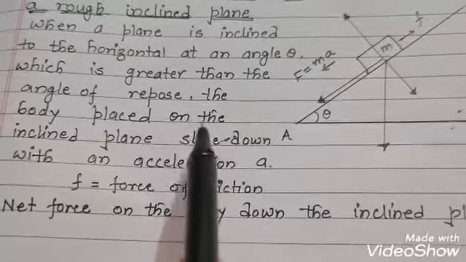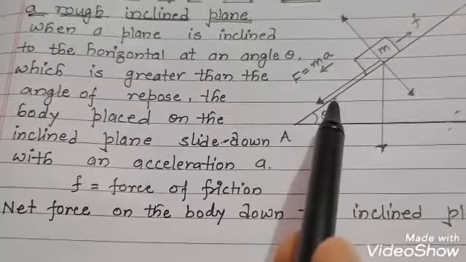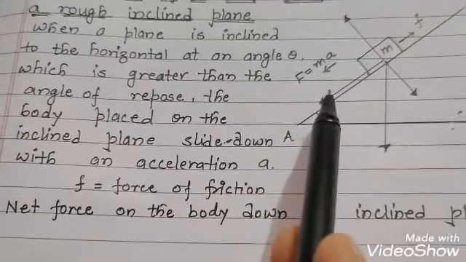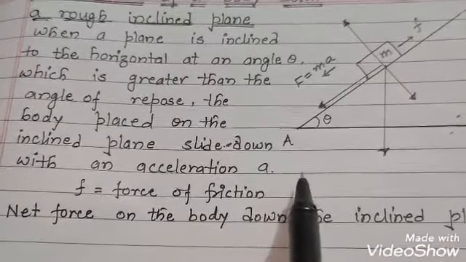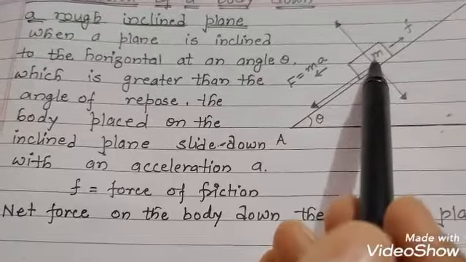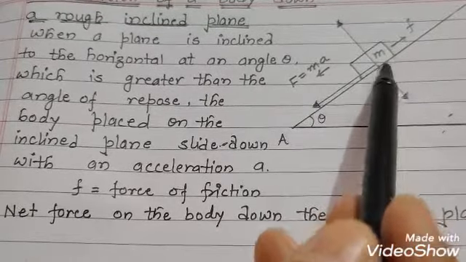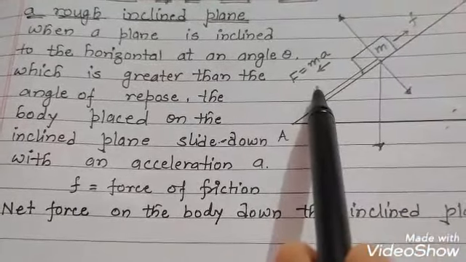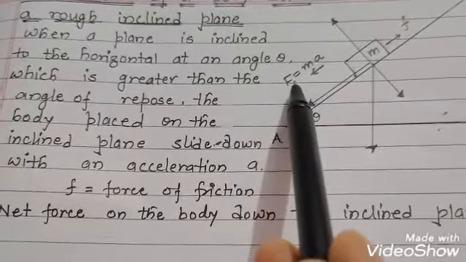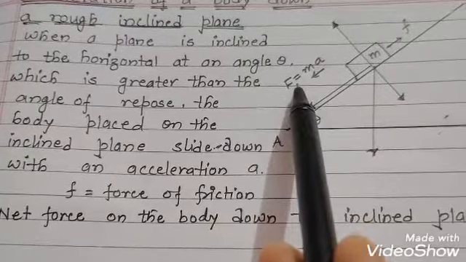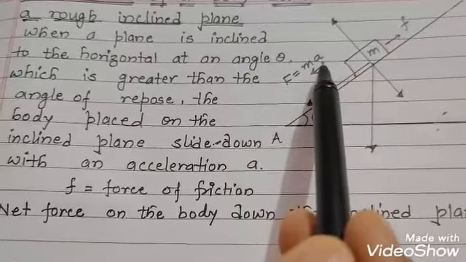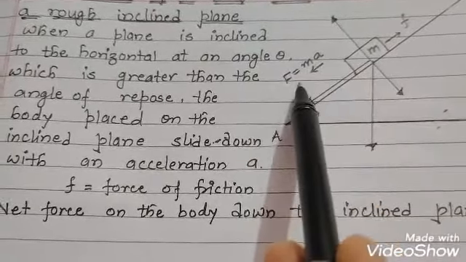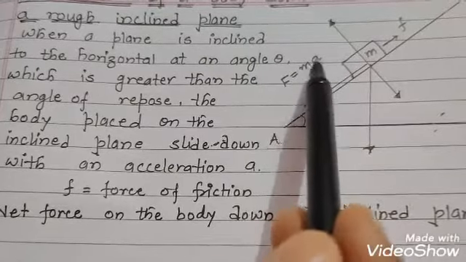The body placed on the inclined plane slides down with an acceleration a, suppose. So if the block is moving down with acceleration a, that means the net force, which is F, is responsible to produce acceleration a, and that must be equal to ma, mass into acceleration.